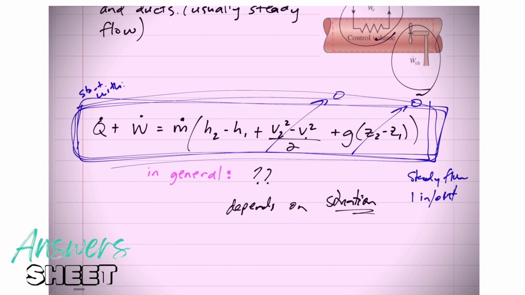If there's not much mention about the changes in velocity, it's zero. Is there any work crossing the boundary? Is there any Q crossing the boundary? And then a lot of those will go to zero. It just depends on the situation. All right, so now are you ready to go tackle these steady flow device problems? That's my advice. Start with that equation for one inlet, one outlet, steady flow device.